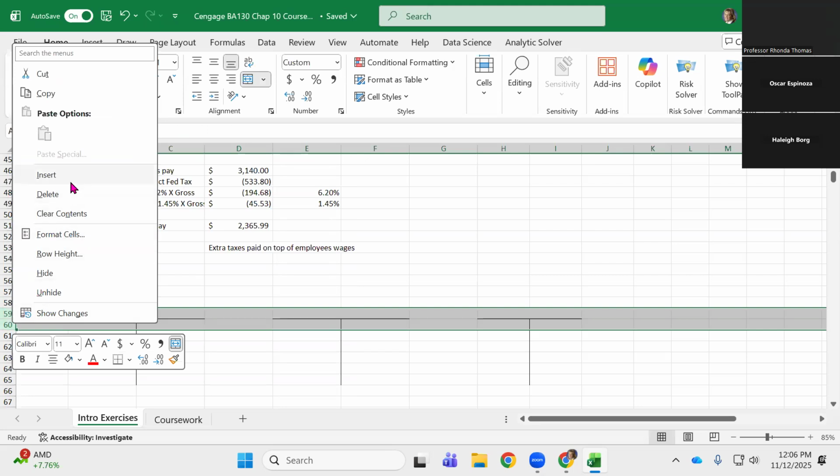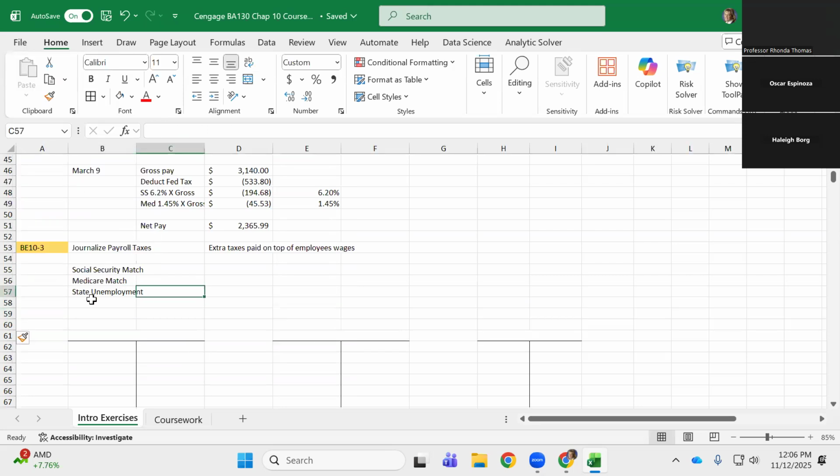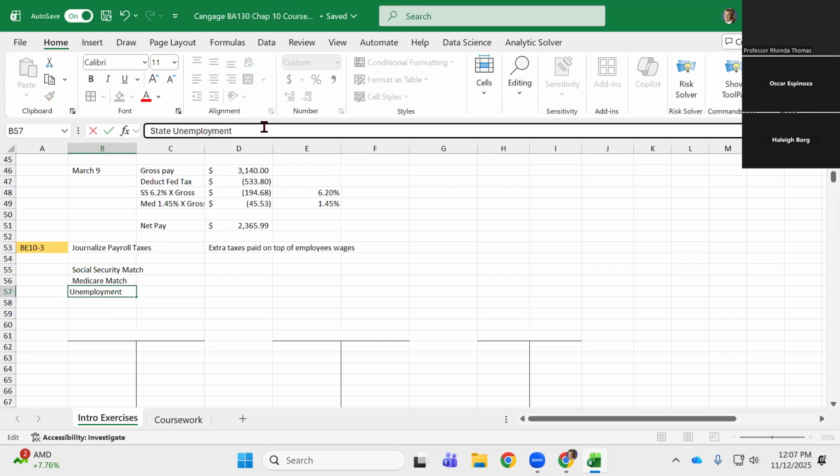Unemployment is used for employees who are no longer employed, right? That either had to get laid off or furloughed or quit or fired. Now, sometimes you don't qualify for unemployment, but this unemployment is an insurance policy that the employer pays. The employer pays in, and states are usually the ones that supply the payment to employees.